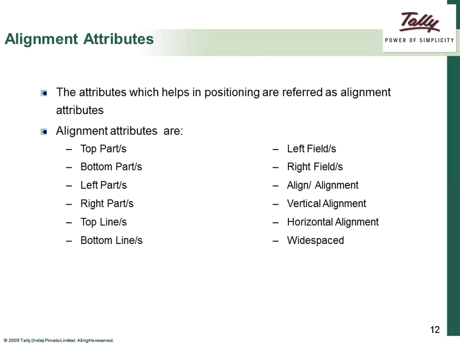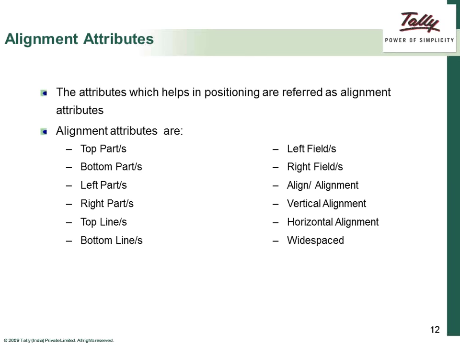Alignment attribute, whether to align the parts vertically or horizontally. Vertical alignment of the form has to be top, bottom, or center, or horizontally align it left, center, right. By default, if you notice, the form starts from the vertical center and horizontal center. You can place it accordingly.